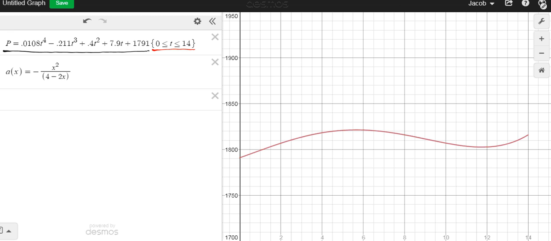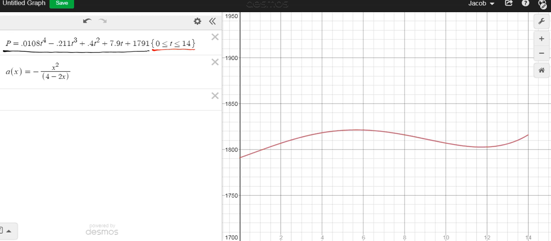If I took that stuff in the curly brackets out, the only thing that would change in Desmos is this side would continue on out infinitely, and this side would continue on out infinitely. Okay? So this just tells me how to limit my domain. So when I look at that, I just punch it in just like I would if I was typing it on the computer. You can type it the same way in your smartphone.